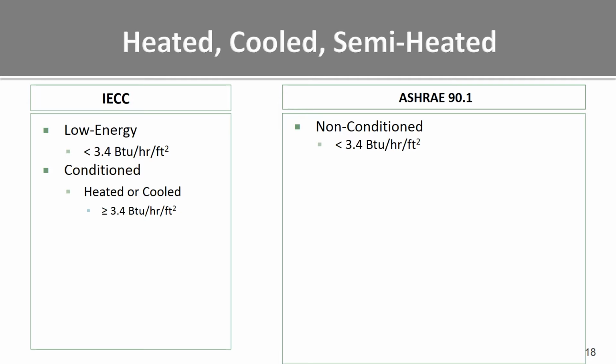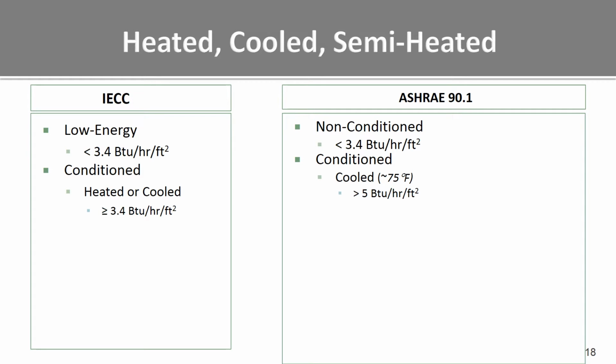However, when you get to 90.1, they have a similar category called non-conditioned, which meets or aligns with the low energy category provision of the IECC. But then it breaks down the heated and cooled space provisions for fully conditioned space.